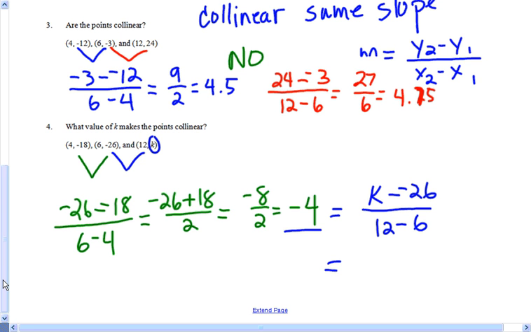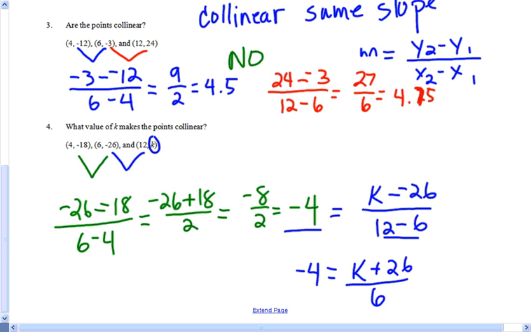I can simplify that. So I want my negative 4 to equal k minus negative 26, which is the same as k plus 26, divided by 12 minus 6, which is 6.